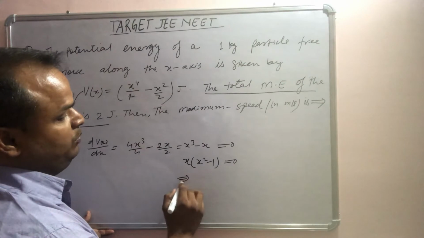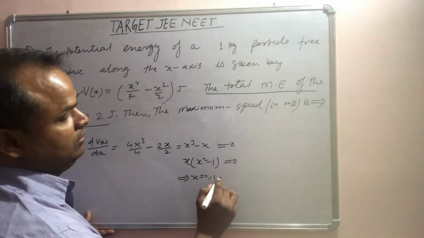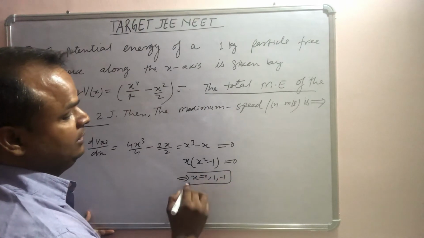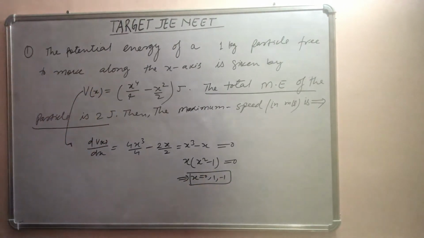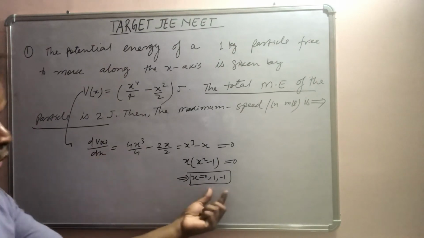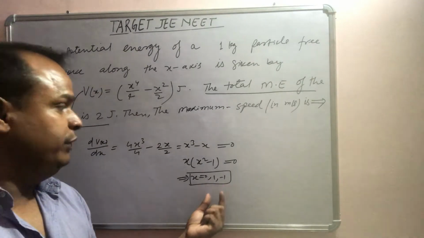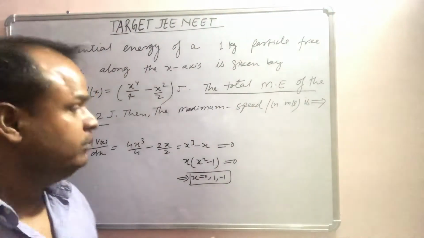This implies that x is equal to 0, 1, minus 1. We get three values. To find the minimum, we need to find d2V/dx square, then put these values in and find from which values we get the minimum.